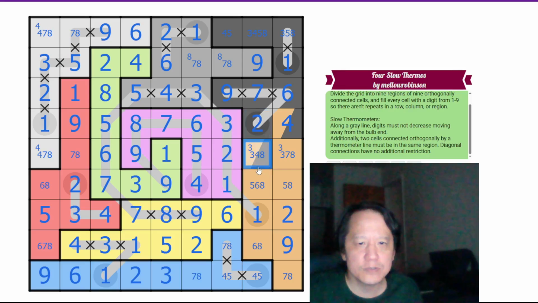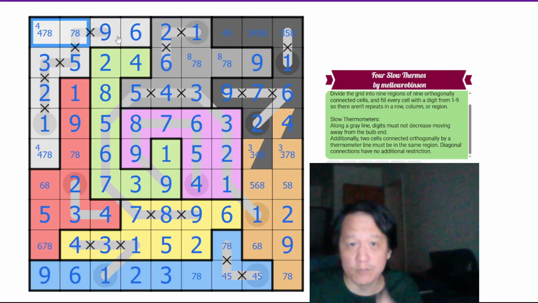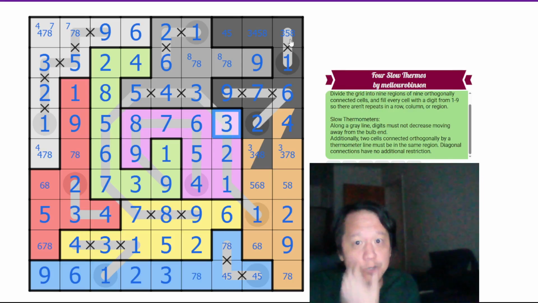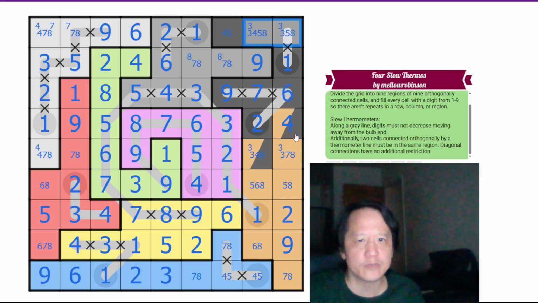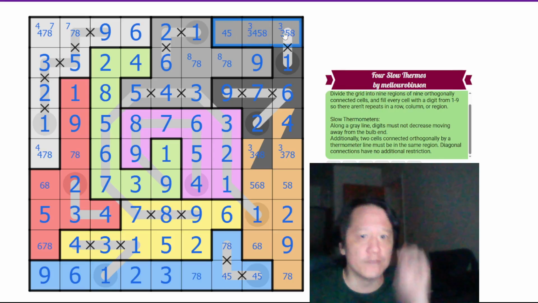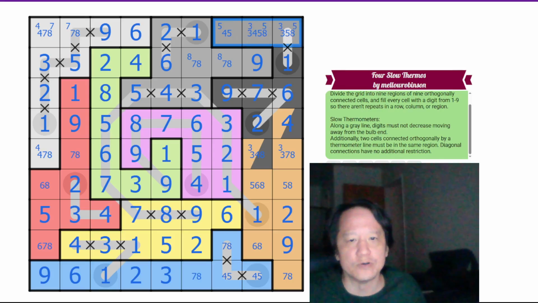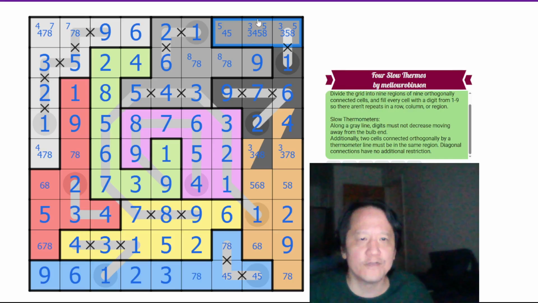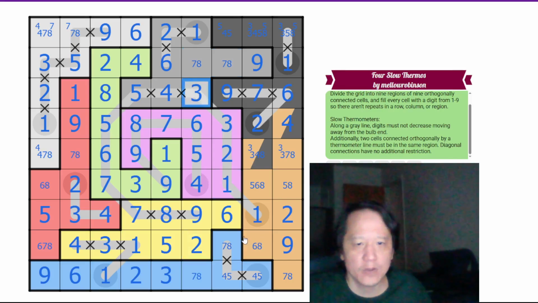We have a 2 here. So where is 7 in row 1? It has to be one of these 2 cells. We need a 3 in one of these dark cells, so it must be one of those 2. We have to have a 5 in one of these cells in row 1, in the dark region. 7, 8 as a pair there.